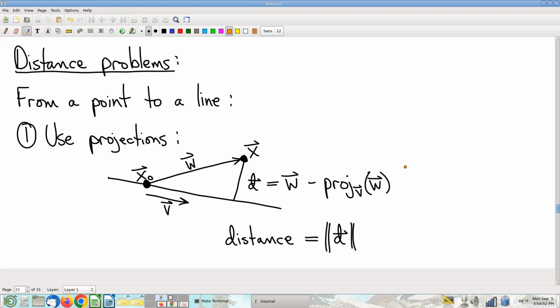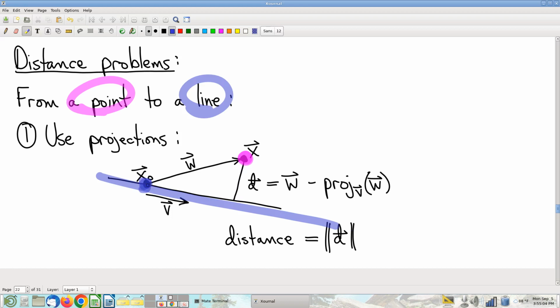So, okay, here's what we've got. Suppose we have a point X. And suppose we've got a line. Now that line is given parameterized in the sense that I'm given an X naught and I'm given a V there. So given a point and the line, what we want to do is find the distance. How would I compute the distance from the point to the line? And of course you see that distance is this right here.